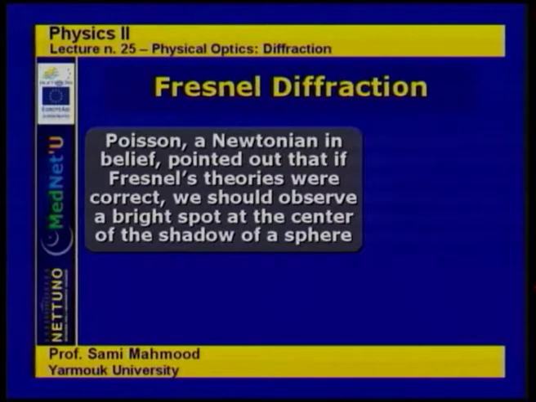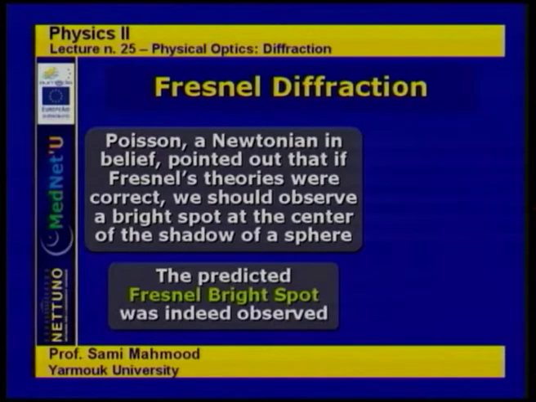However, Poisson, being a Newtonian in belief who did not believe in the wave theory, challenged the theory of Fresnel. He pointed out that if Fresnel's theories were correct, then we should observe a bright spot at the center of the shadow of a sphere. That was a real challenge.